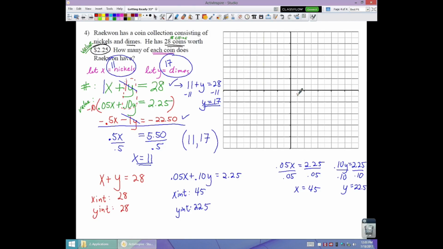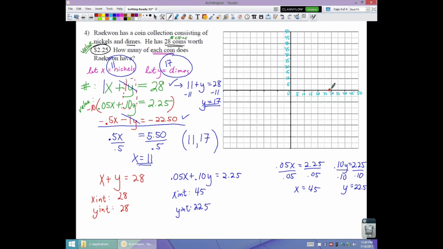Okay, so this would be, oops, let's pick another color for that. 5, 10, 15, 20. Okay, there we are.